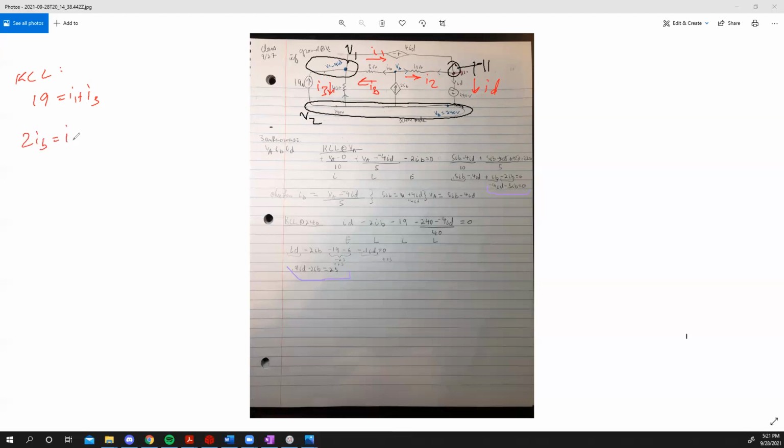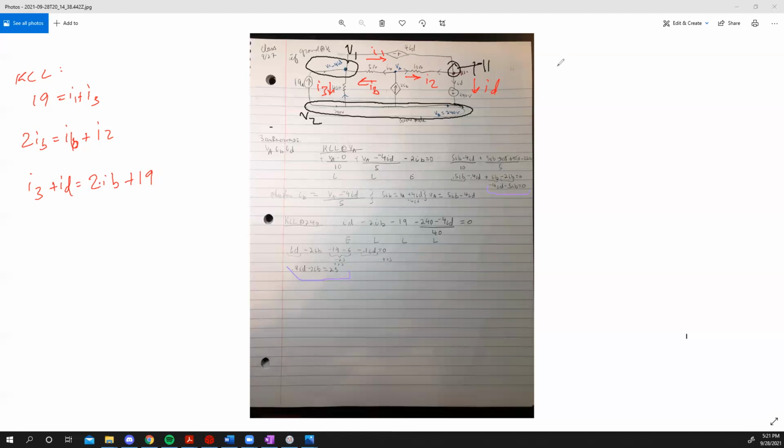I1 plus I2 equals I3, which equals IB plus 19.